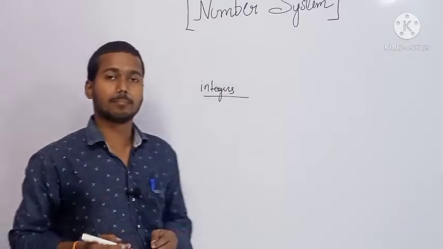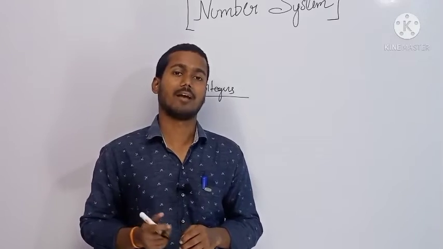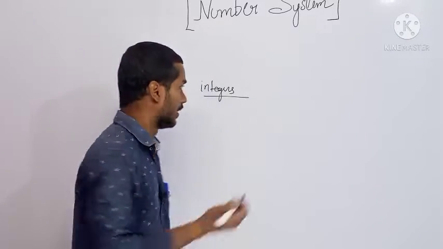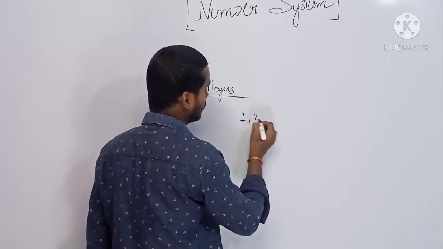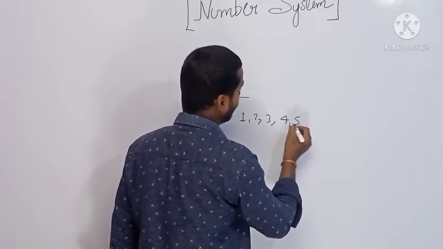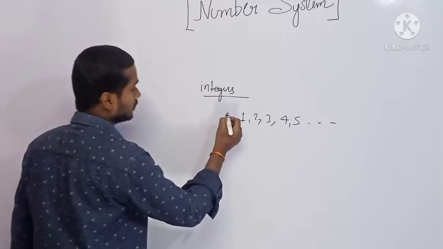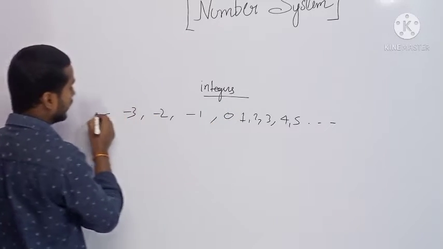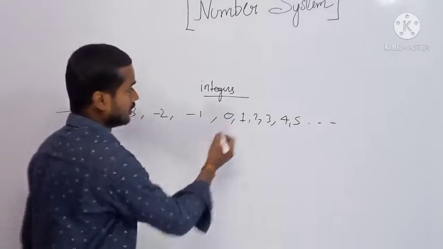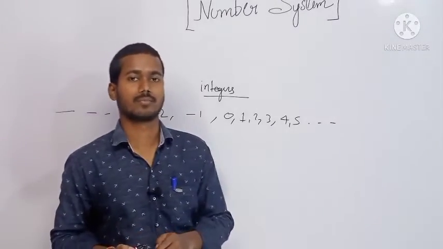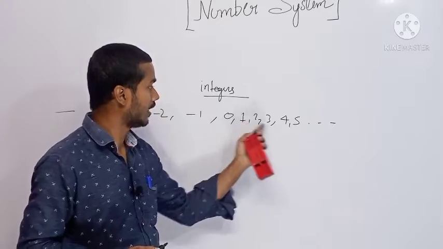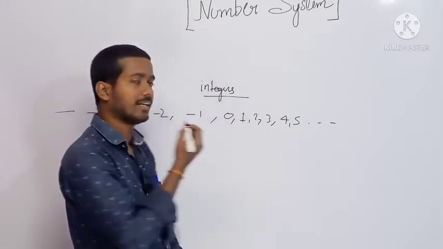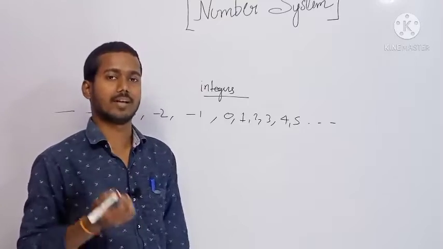Integers are complete numbers without any fractional or decimal part. Like 1, 2, 3, 4, 5, and 0, -1, -2, -3, like that. 0 itself is an integer, because these numbers are in a complete form, without any decimal portion or fractional part.